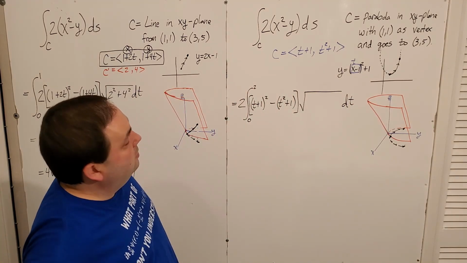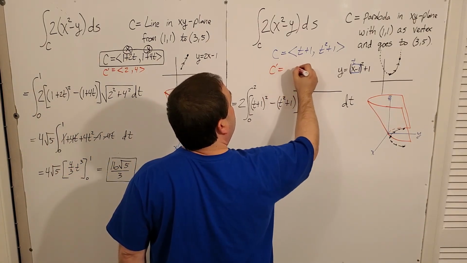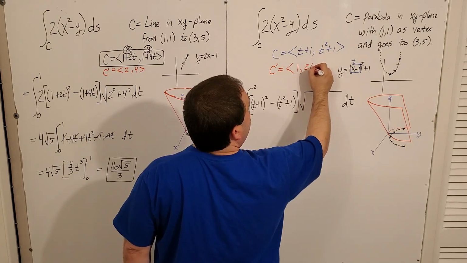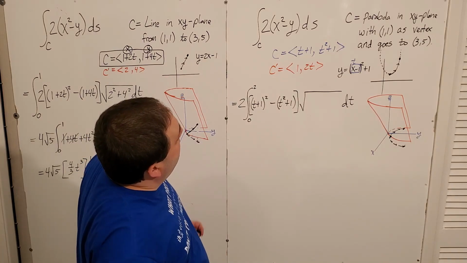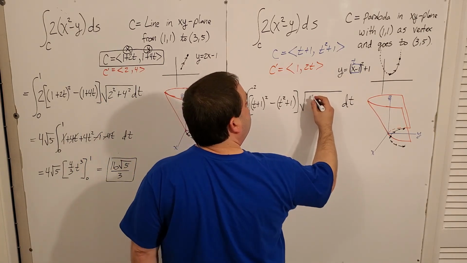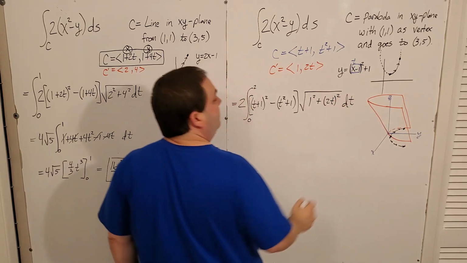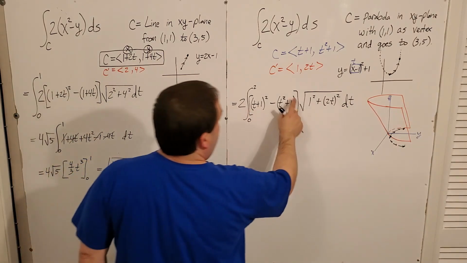Let's go ahead and do our c prime so we can do that. C prime is 1 and 2t. All right. That means I have 1 squared plus 2t squared. Okay. Let's simplify out here.